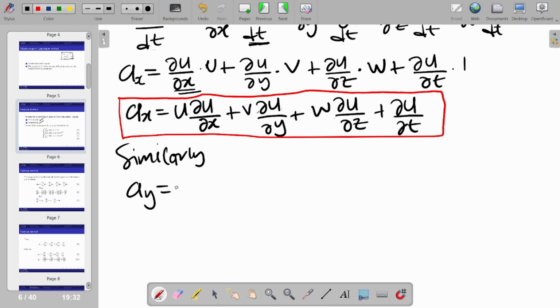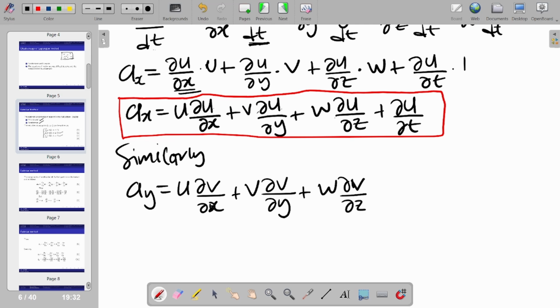The change will be u partial x plus v partial y plus w partial z, plus the change with time. So in a similar way, you can show that this is the case.